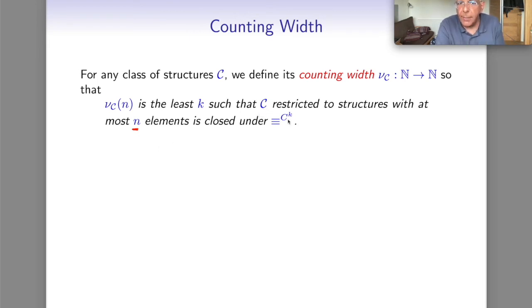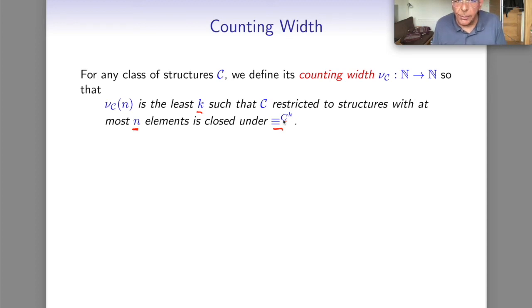You can define it in first order logic, or certainly in logic with counting. And you look at the number of variables you need to define the class. In other words, you take the least value of k such that the class is closed under CK equivalence. This k is at most n, right? Because if you have n elements, then with n variables, you can describe a structure completely. Okay. So you take the least value of k, the least number of variables you need to characterize the n element structures of the class.